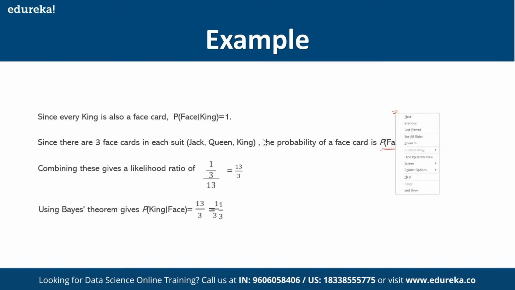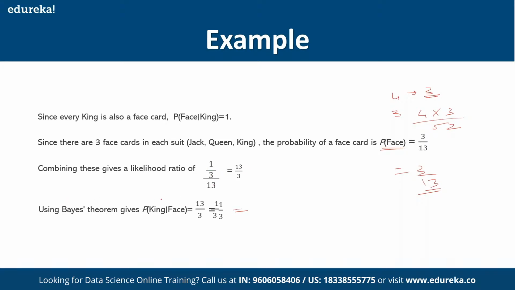In a set, I think there are 4 colors, right? In 4 colors there are 3 face cards, so in total you'll have 4 into 3 face cards, divided by the total 52, which comes out to be 3 by 13, right? So using Bayes theorem, we will just put 1 by 3 divided by 13, which is equal to 13 by 3.